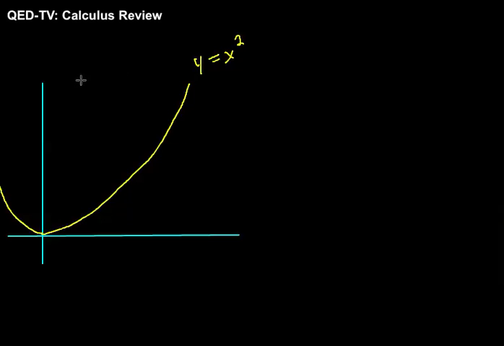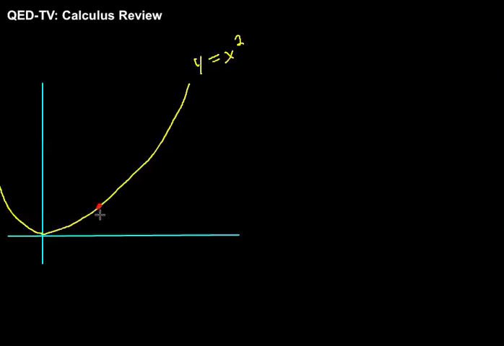So this function of x is equal to x squared, and we want to figure out what the slope is at any point on here. If I am given an x value, what would be the slope at that point? Like right here at this point, what is the slope at that point right there?